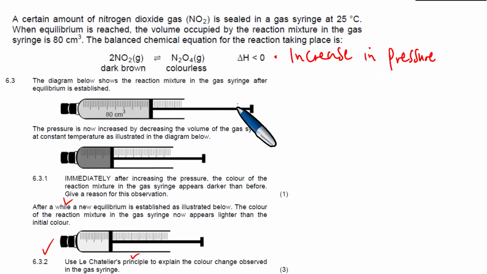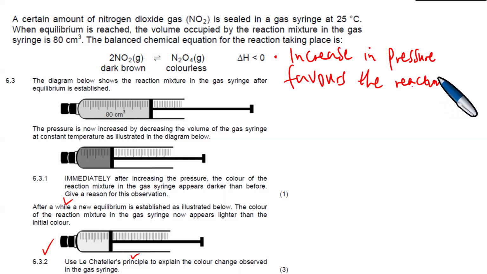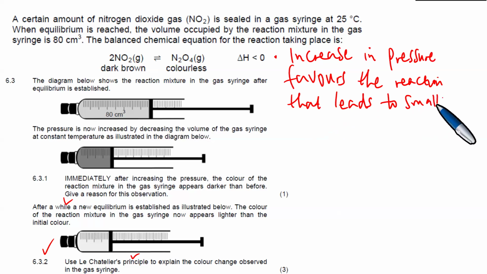So an increase in pressure favors the reaction that leads to a smaller number of moles. Now take a look at this, because this is the trick the examiners use all the time.